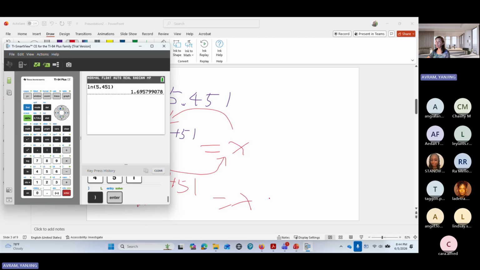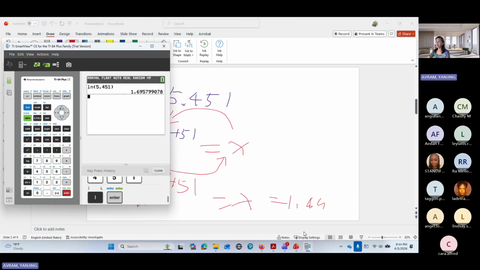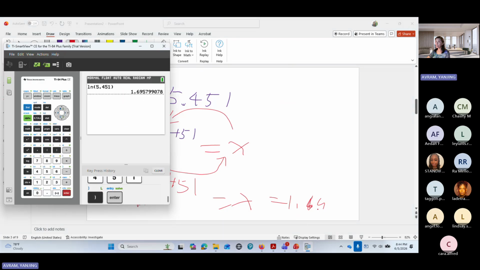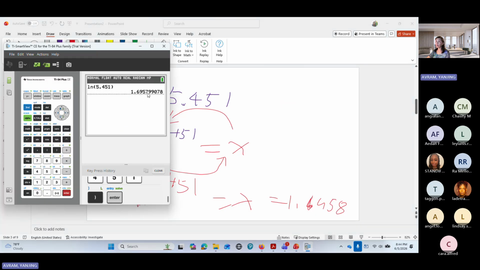So your x here is 1.6958, because you need to keep 4 decimal places and then look at the next digit and round up.